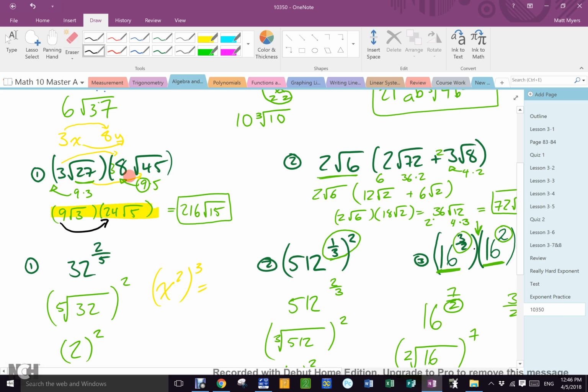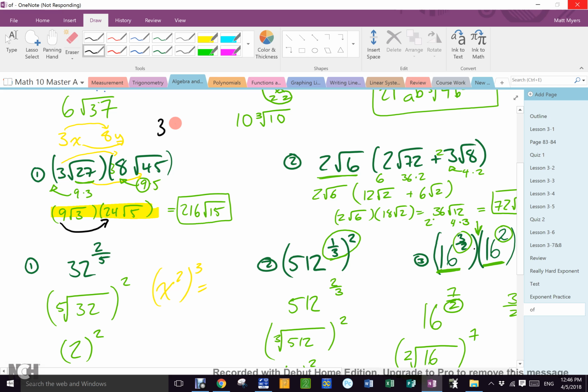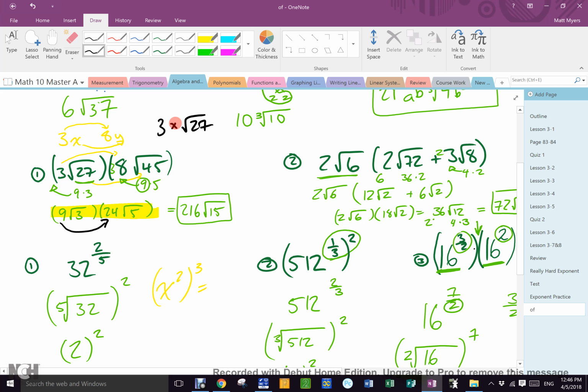The work that we did was fine. What I'm saying when I say don't use a calculator is I don't want you to do this. 3 times square root 27, which gets you something like 16.1375 endless decimal. And then multiply that by 8 times square root 45, which is around 8 times 6.5, around 54.